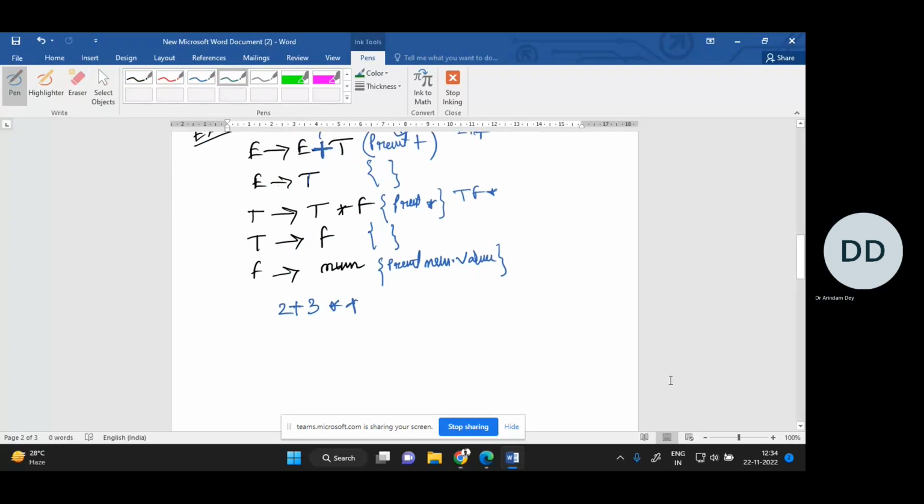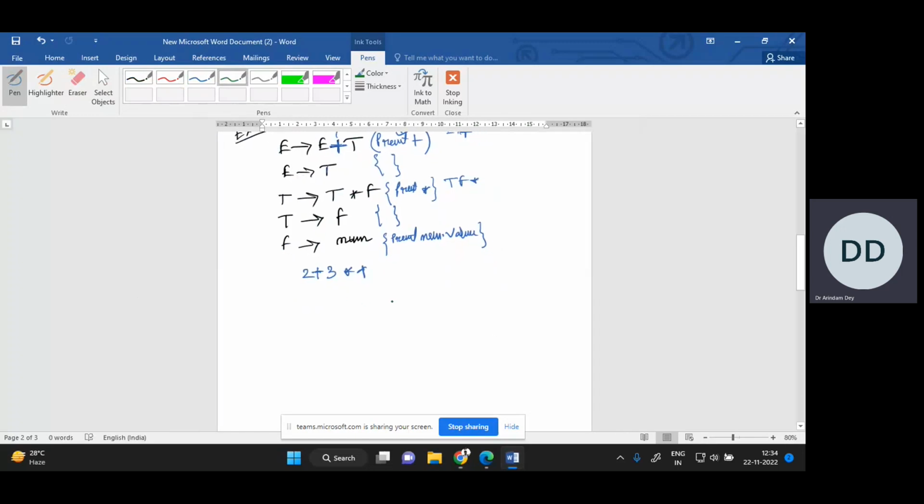Okay. I should minimize the screen so that I can accommodate the entire tree here. Now I'm starting the expansion. From E, it is E plus T. My objective is 2 plus 3 asterisk 4.